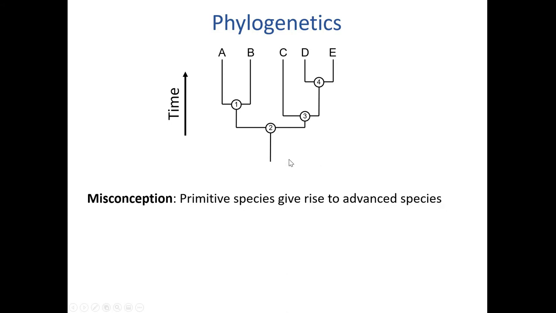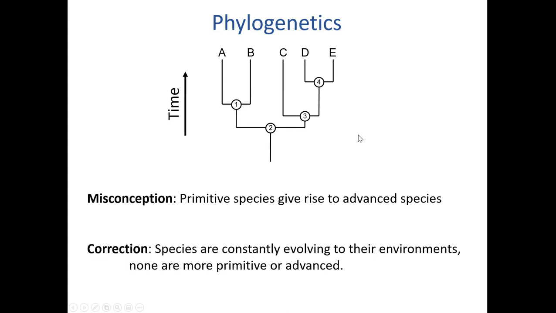Okay, so first misconception is that primitive species give rise to advanced species. So this is the idea that the species down here, or this species here at node 2, are more primitive than what you'd call, in this case, more evolutionarily advanced species. So this is wrong. This is a misconception. The truth is that species are constantly evolving to their specific environments. So none are really more primitive or advanced.